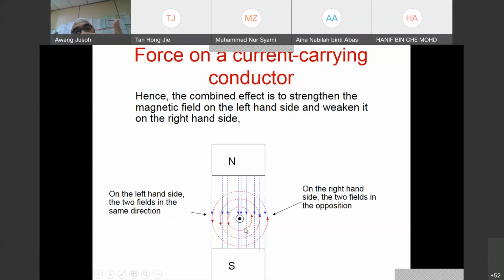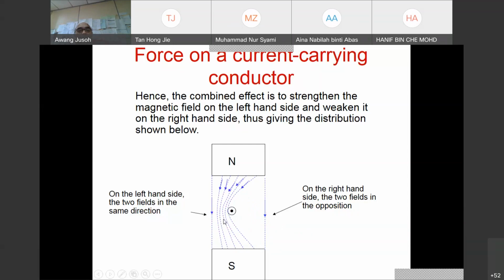So this is the current. The current is toward yourself, right? The flux goes down, north to south. Then you can see your left hand finger is moving toward the right. It moves here, same as here. This is represented by the flux line, then the flux density. You can see it moves toward the right.